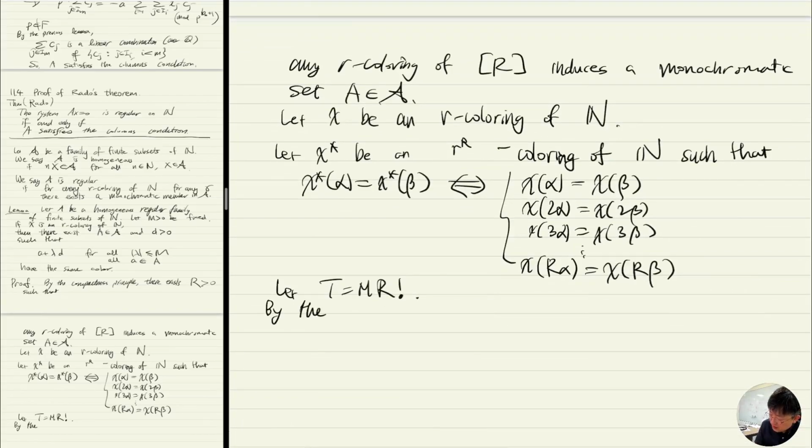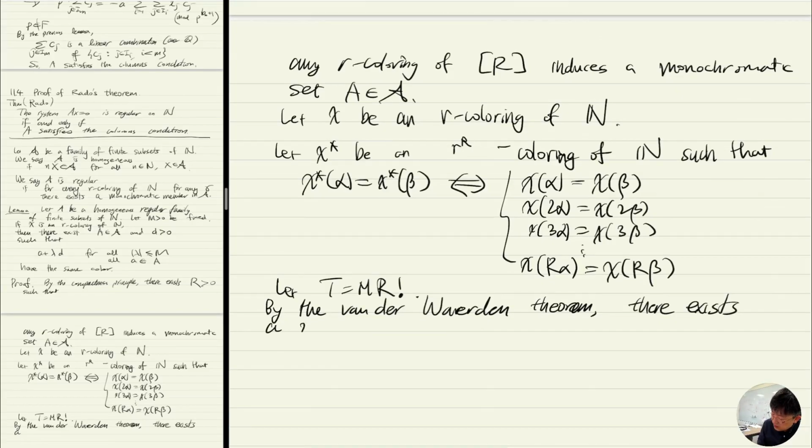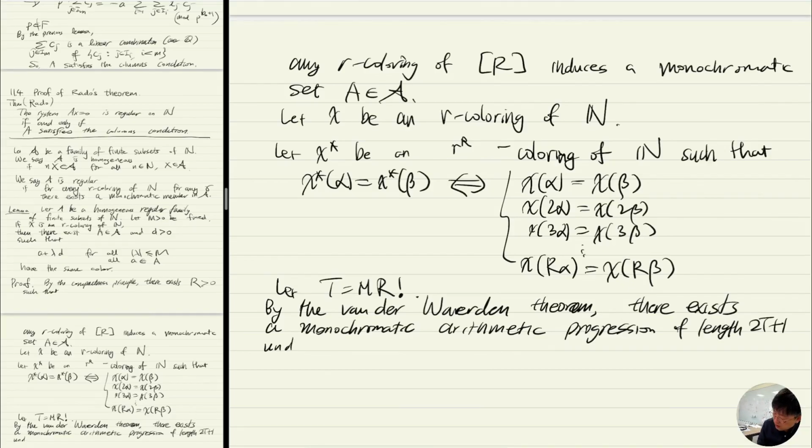By the van der Waerden theorem, there exists a monochromatic arithmetic progression of length twice t plus 1 under this new coloring chi star.